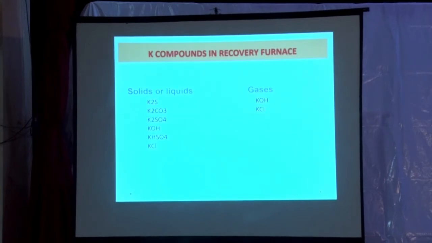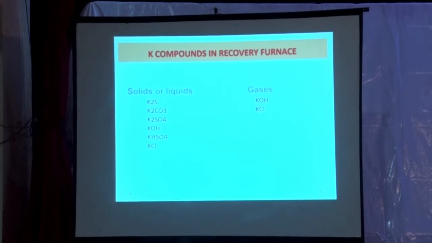As I discussed, silica has its own impact on evaporators, but as far as the recovery boiler is concerned, potassium and chloride are the two major culprits, the two major non-process elements. So unless you know in which form they are present, you cannot come to any strategy to deal with them.